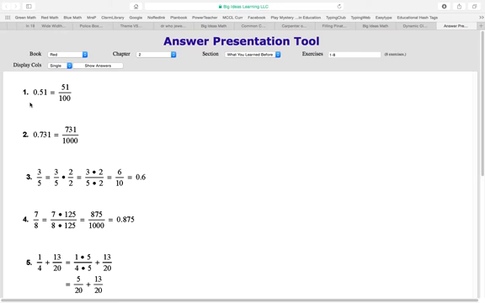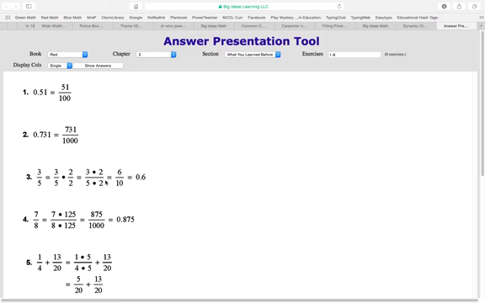All right. So the first one was 51 hundredths. So that one was pretty easy, 51 over 100. And this one is 731 thousandths. So we put 731 over 1,000. Okay, so this one's kind of like the second one that we had. 3/5, and we multiply the top and the bottom by 2.